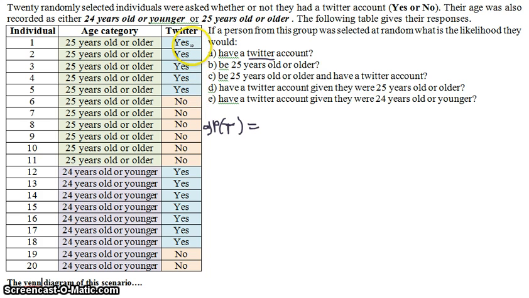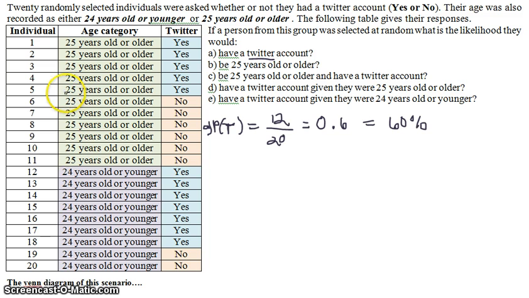So we can just count these up. It's just 1, 2, 3, 4, 5, 6, 7, 8, 9, 10, 11, 12. So 12 of the 20 individuals have a Twitter account. This turns out to be 0.6, or in other words, 60%. So 60% of those selected have a Twitter account.